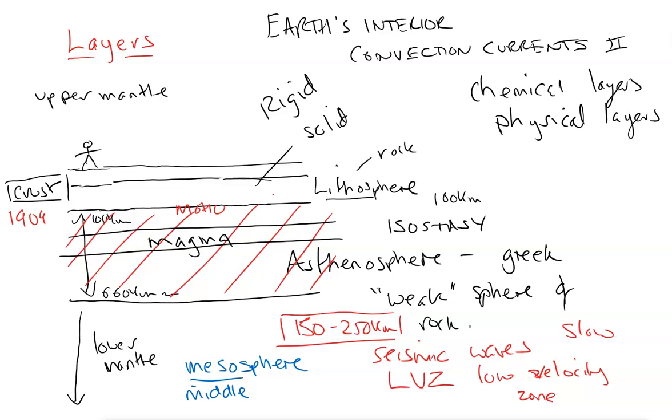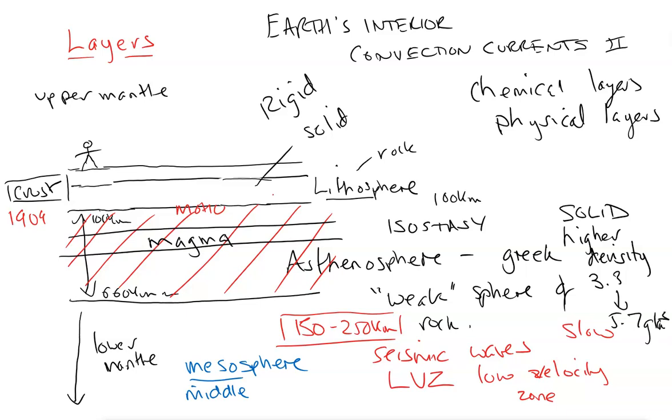It is a solid structure, but it doesn't move. The asthenosphere is solid, and it has a higher density than its above counterpart, the crust of the sphere. So it's got a density of 3.3 down to roughly 5.7 grams per centimeter cubed.